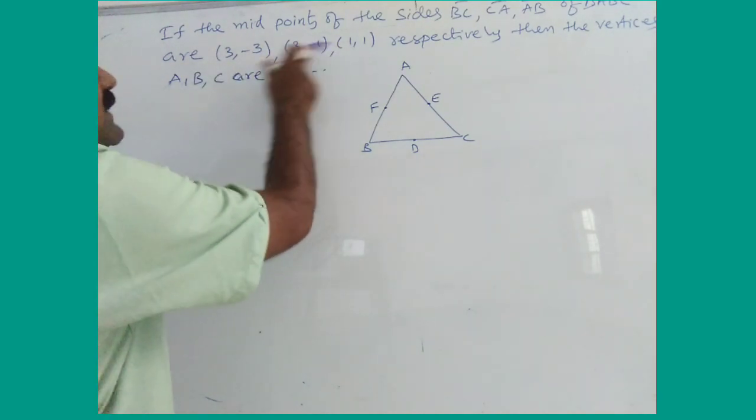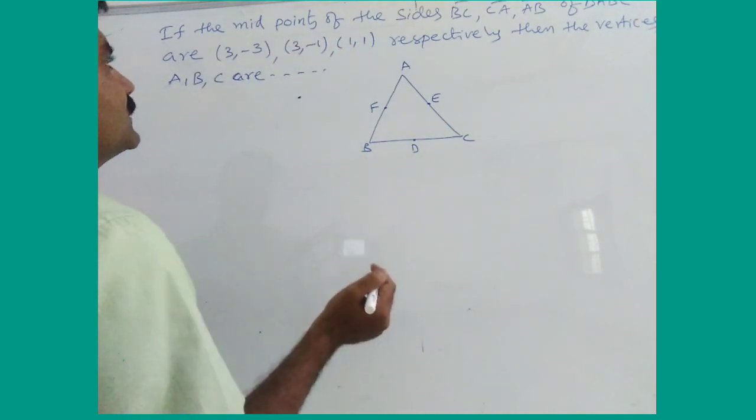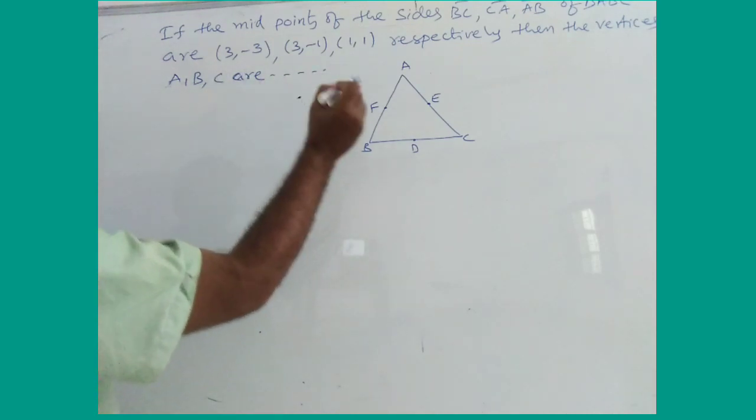And what is their order? D, E, F. So the order is D, E, F.